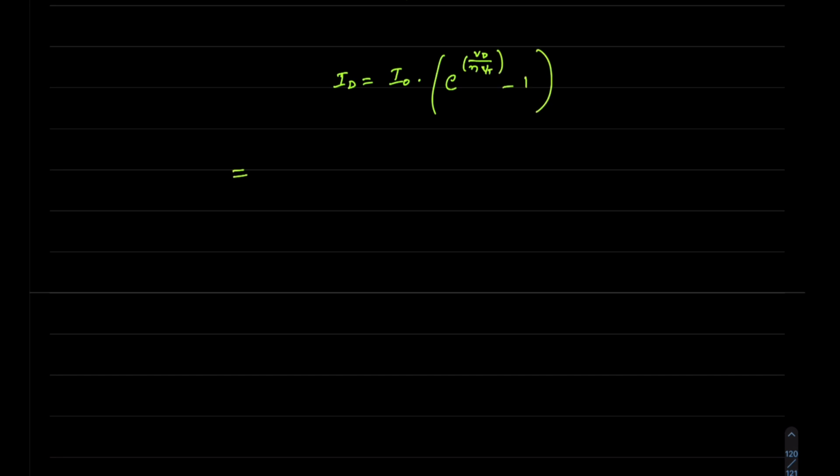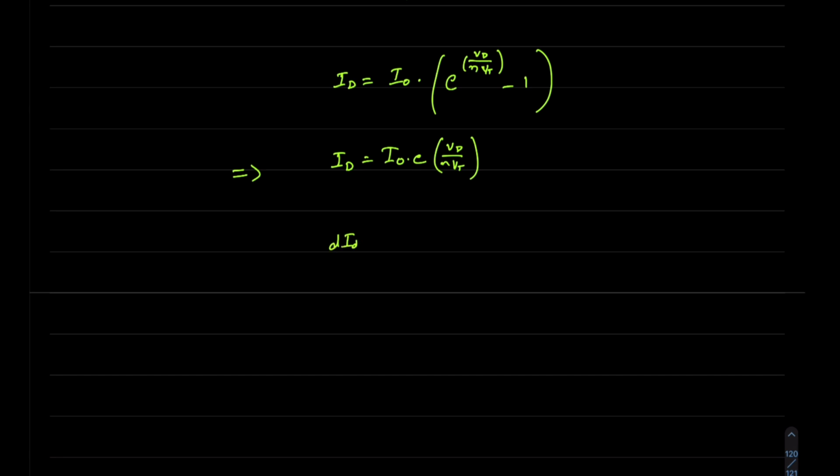Under large forward bias, it becomes ID equal to I naught times e to the power Vd by eta Vt. Now you take the derivative of it, differentiate it with respect to Vd, our bias voltage.